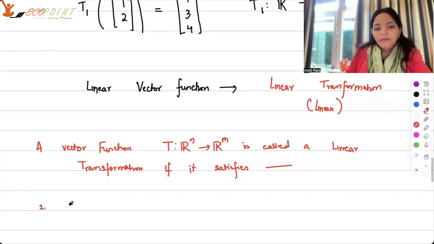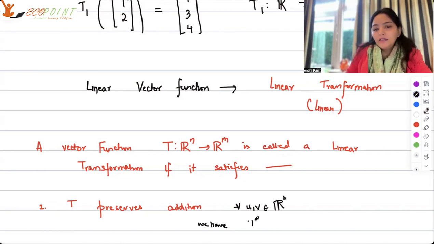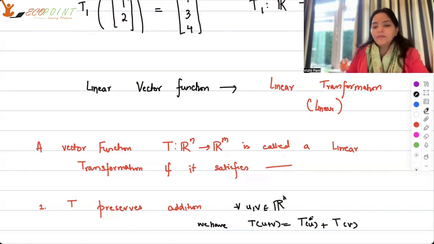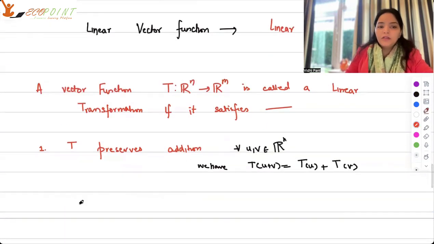Number one, T preserves addition. This means that for every u, v belonging to Rn, the input set, we have T(u plus v) equal to T(u) plus T(v). That is preserving addition.